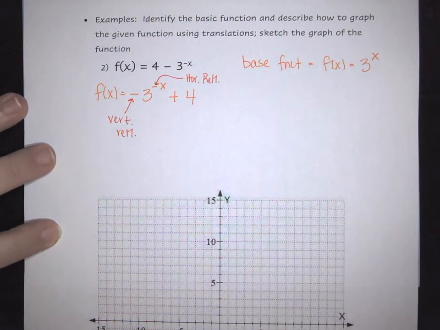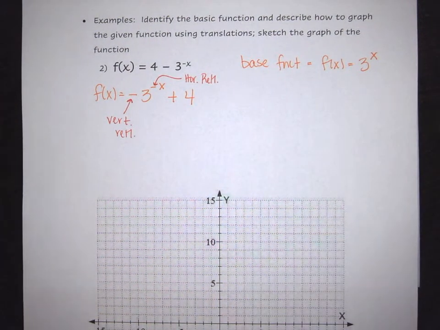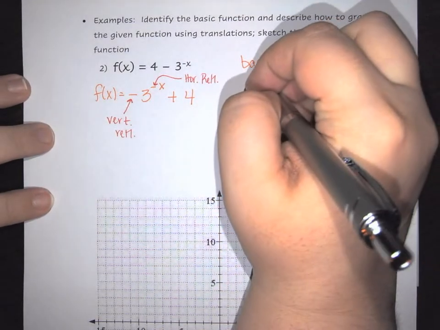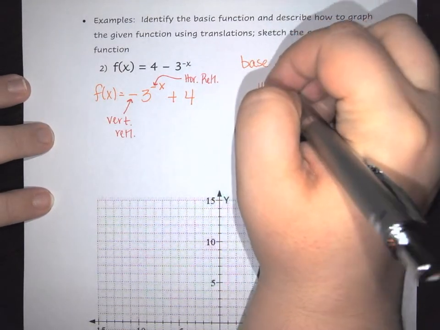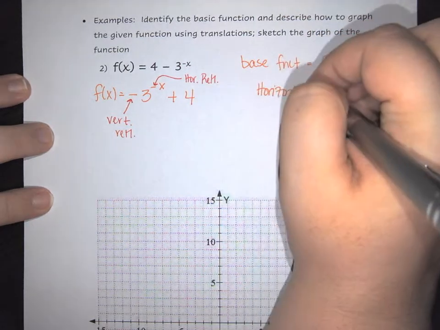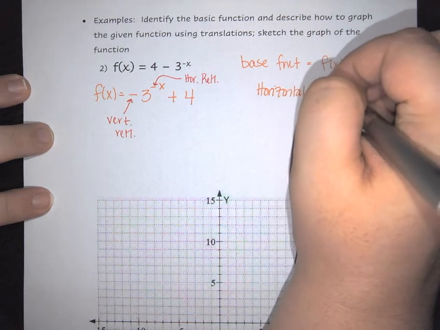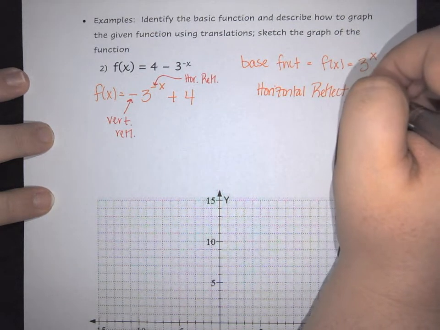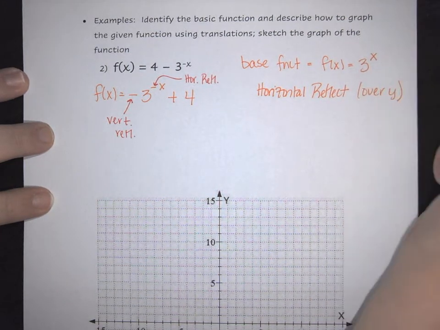And so because of that, I already know a good chunk of what is going on. So first and foremost, I know I have a horizontal reflection, and this reflection is going to be over the y-axis.